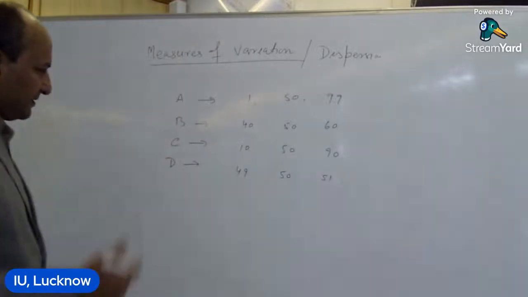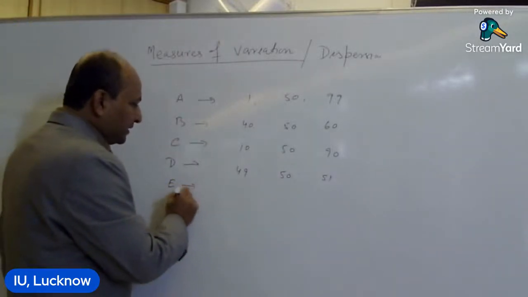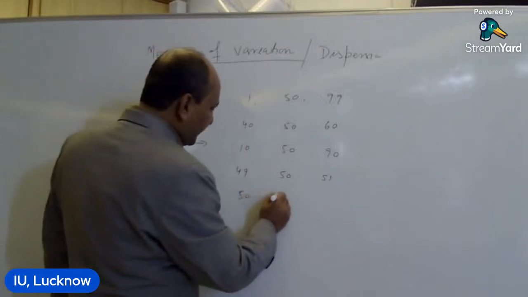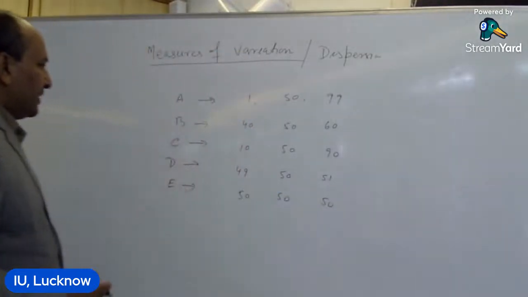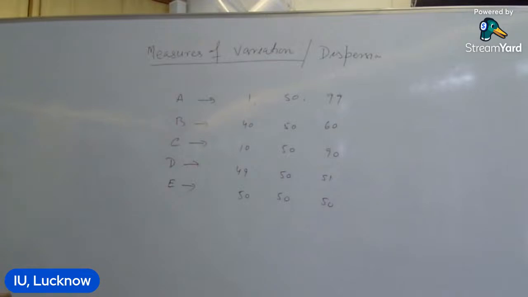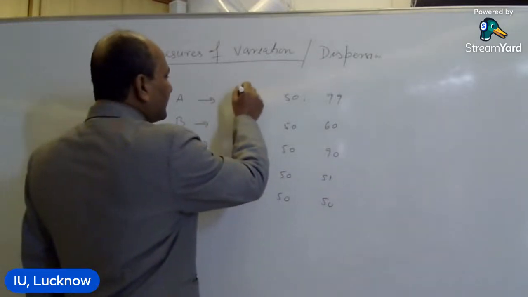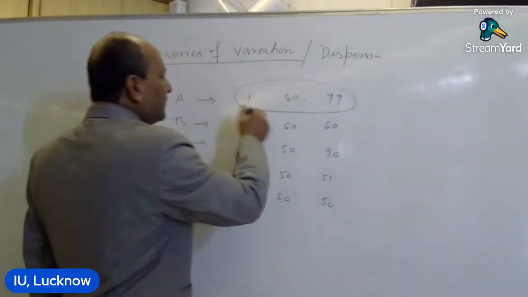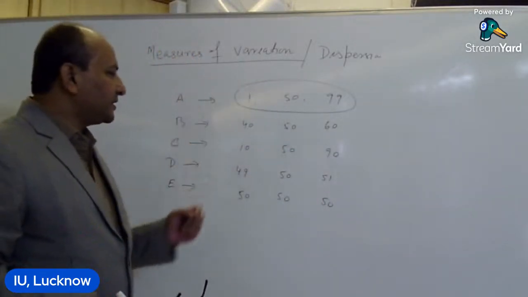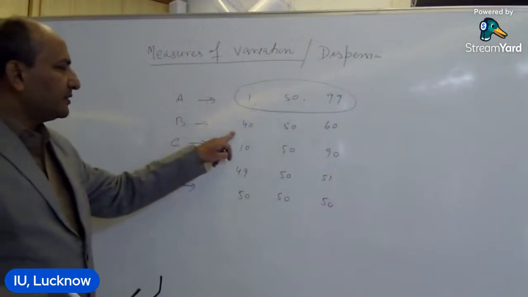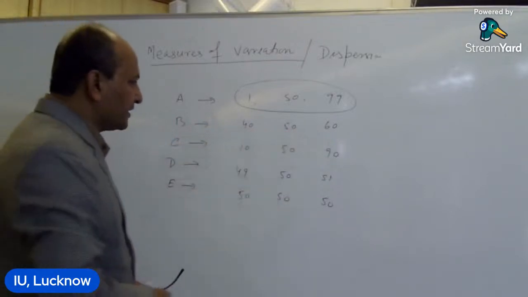Again we take one more set of data, that is 50, 50 and 50. So here we have five sets of data. The first set includes 1, 50 and 99. The second set includes 40, 50 and 60, like this.